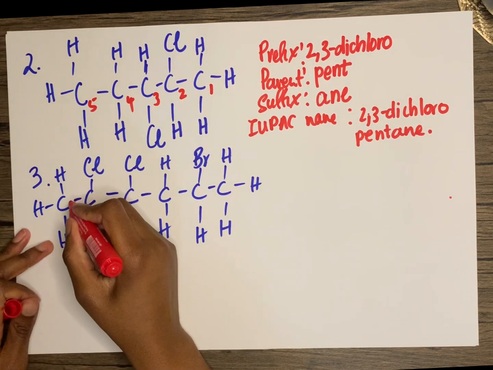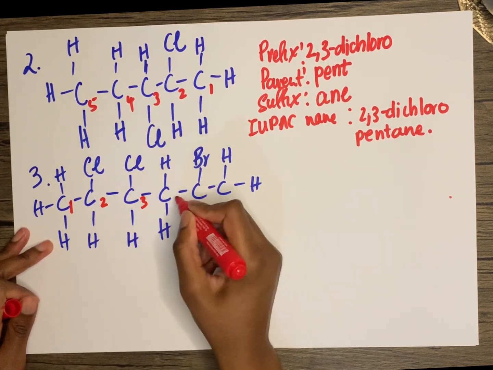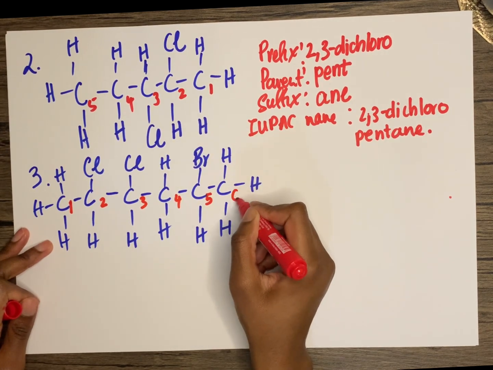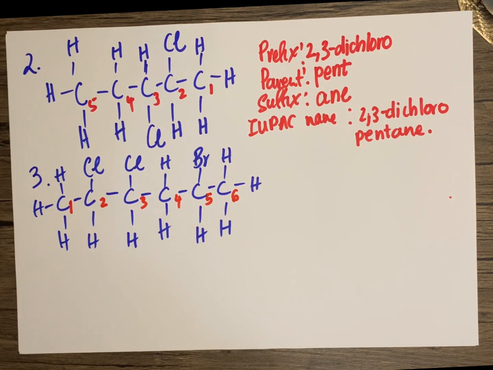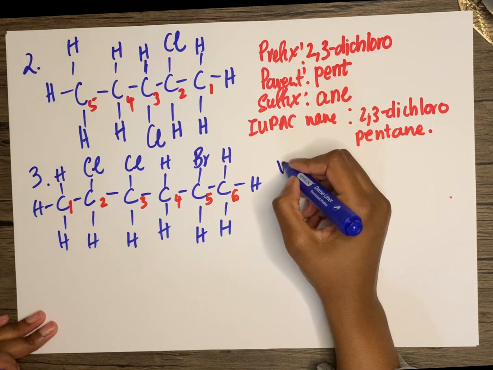So I'm going to number from the left 1, 2, 3, 4, 5, 6. Right? I'm going to number from the left because I'm going to get the lowest number possible for most of the substituents compared to numbering from the right. So I don't number from the bromo because it has a letter that comes first in alphabetical order. So I'm just going to make a note here.